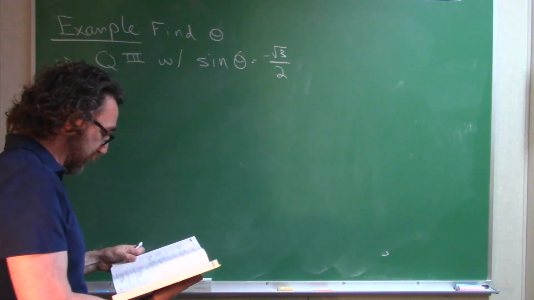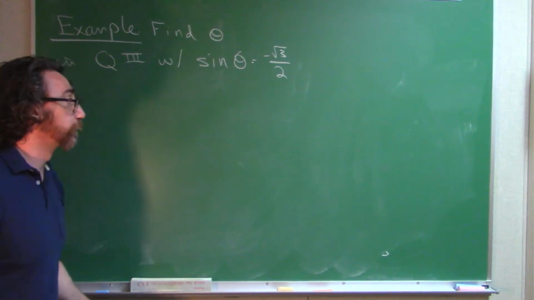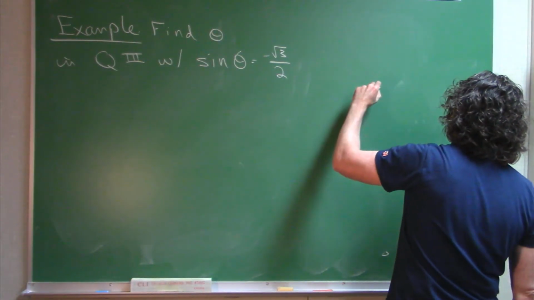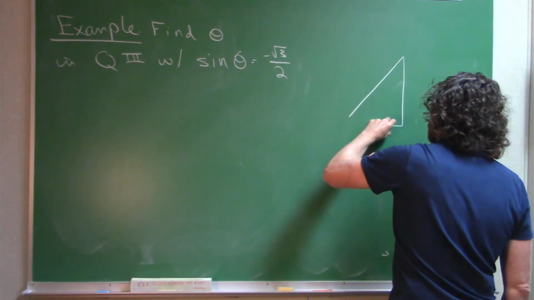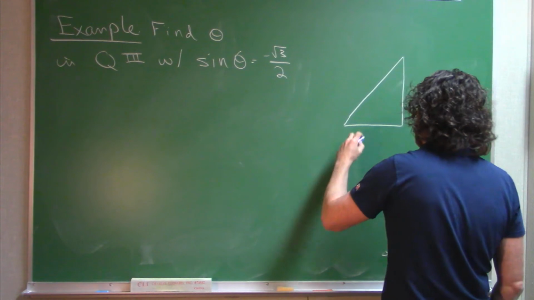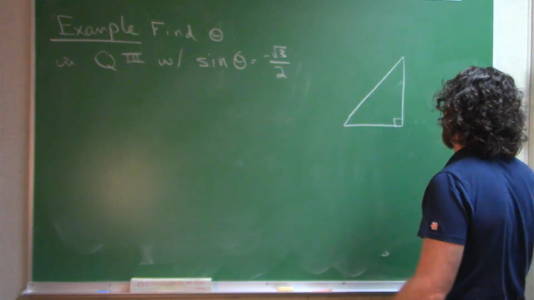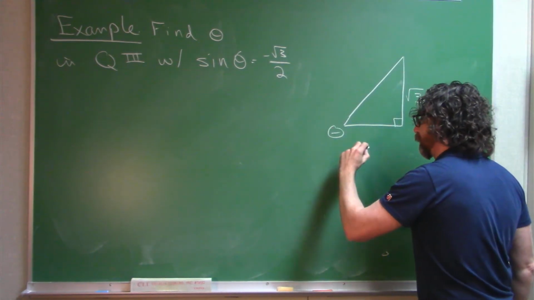Okay, now for this one they've given me an exact value here. Okay, so sine is equal to root 3 over 2. Now if I'm looking at sine, that should have come from opposite over hypotenuse. So I should be focused right here on this angle.